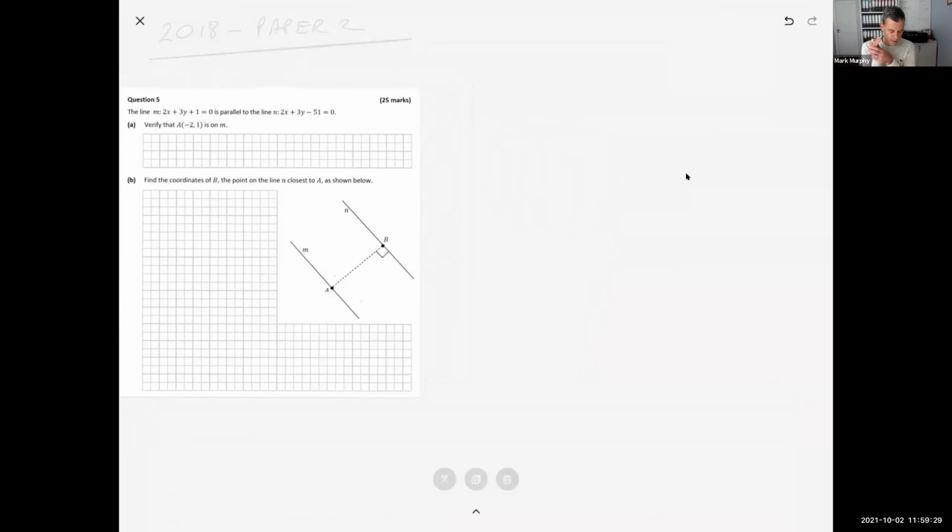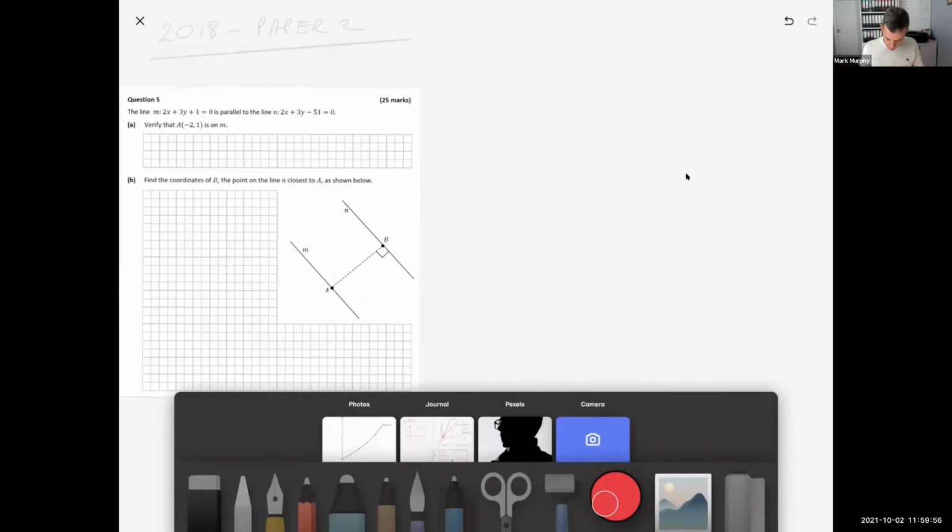We'll read it out. It says, the line M, 2x plus 3y plus 1 equals 0, is parallel to the line N, 2x plus 3y minus 51 equals 0. Verify that the point A, minus 2, 1, is on M. To verify that a point is on a line, you just plug it in.